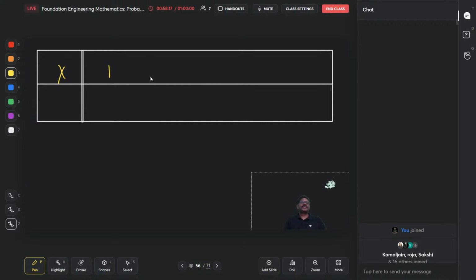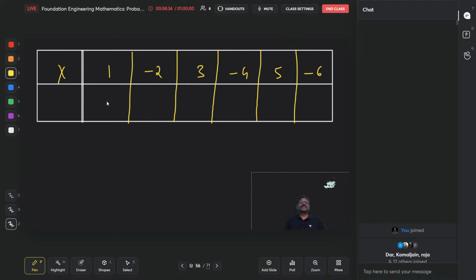Now, x values are 1, minus 2, 3, minus 4, plus 5, minus 6, because if an odd number comes, you gain that number of rupees. If an even number comes, you lose that number of rupees. That's why. Now, chance of getting 1 is 1 by 6, 2 also 1 by 6, 3, 4, 5, 6 also 1 by 6. Corresponding probabilities.